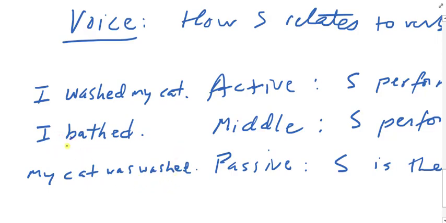But look at the middle form. Okay, it's not really a form that's middle, but it's semantically middle. I bathed. Who's doing the bathing activity? I am. And am I affected by that activity as well? I am, right? That is the concept of middle voice.